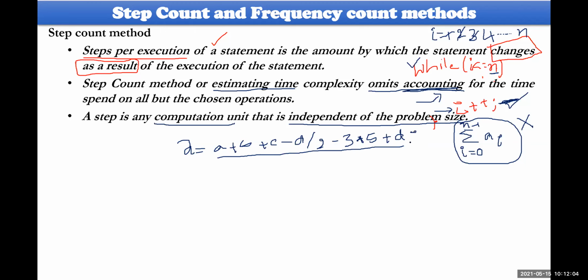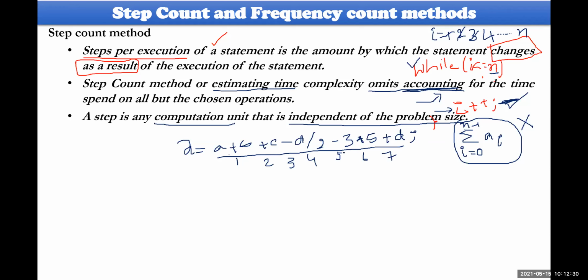If we take this statement, how many operations are there? This is the first operation, second, third, fourth, fifth, sixth, and seventh. Seven operations are there. If you follow some rules and associative properties, probably 6 different operations will be done by this complete expression.